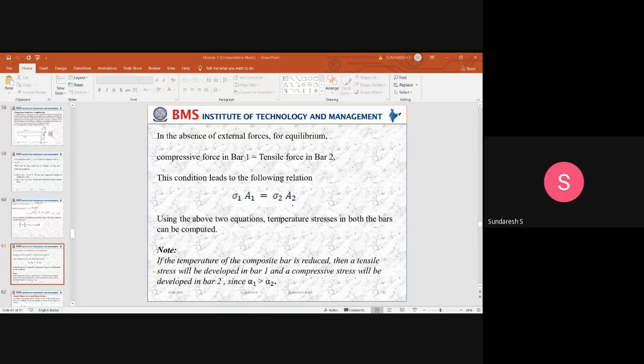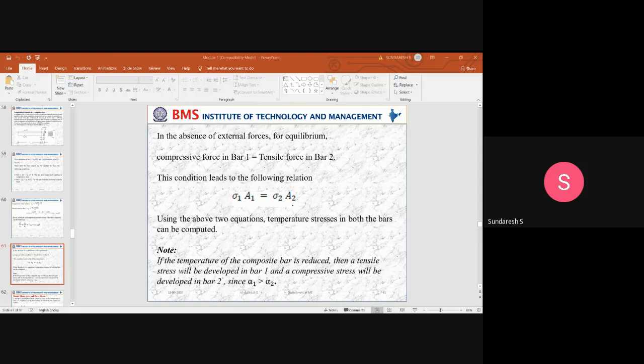Rahul Rathod, understood the concept of temperature stresses? Yes, sir. Any doubts? No, sir. Vasant Kumar? Any clarification, Vasant? No, sir. Okay. Vinod, sir, are you there? Yes, sir. Understood. Any clarification from anybody, you can ask. This is a very important concept. That's what I'm just asking you.